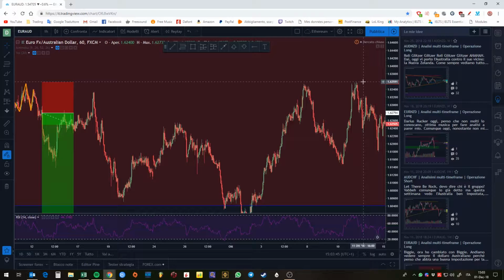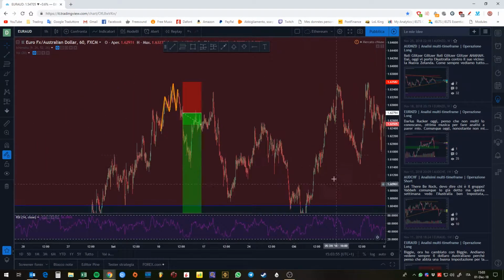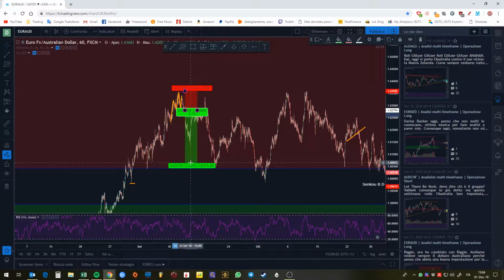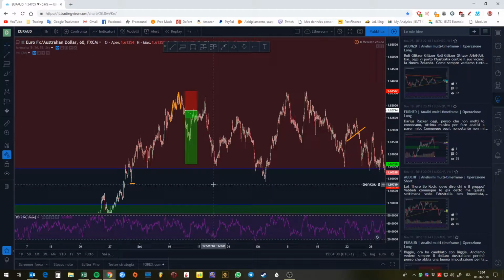Well, I would have gone on stop loss here. So let's keep it at 1.73. Okay, so this doesn't count here. So let's go on Aussie Cat again.